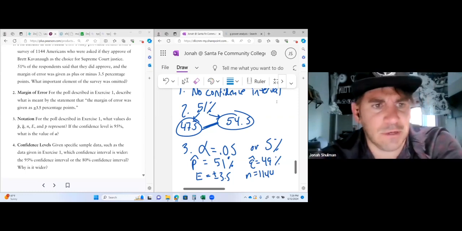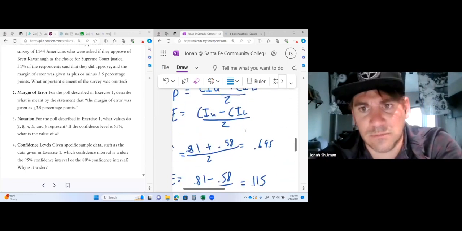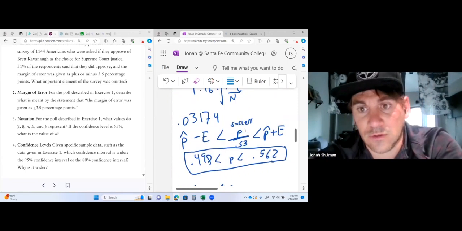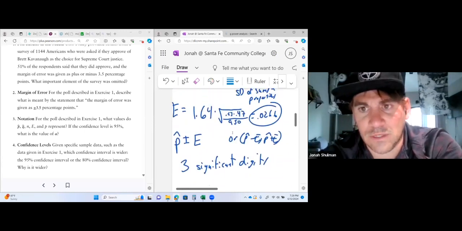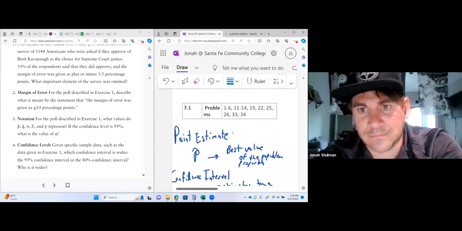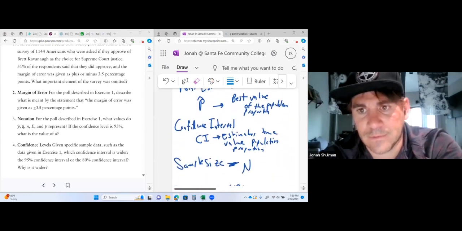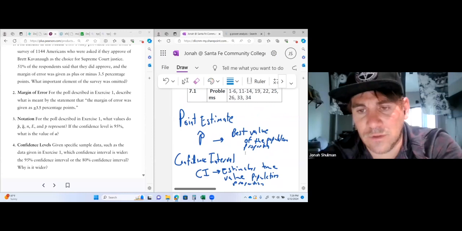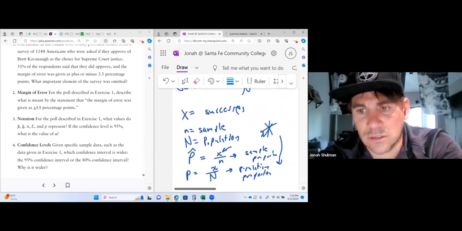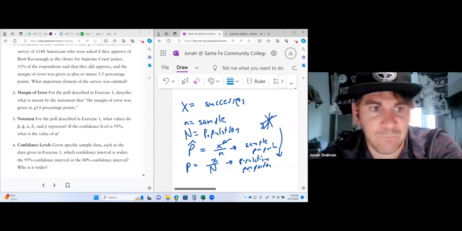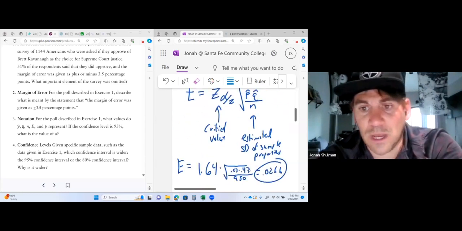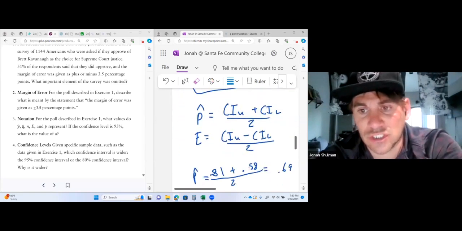And what does p represent? The difference between p-hat and p: p-hat is our successes, with the little hat on top. This is the best point estimate of the population proportion, and p is the population proportion. We don't really have p. p represents the whole population proportion that we're really trying to show.